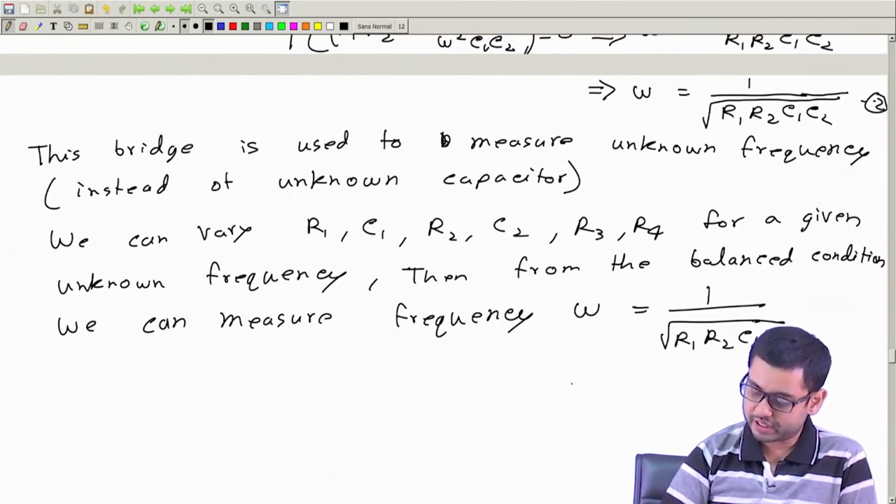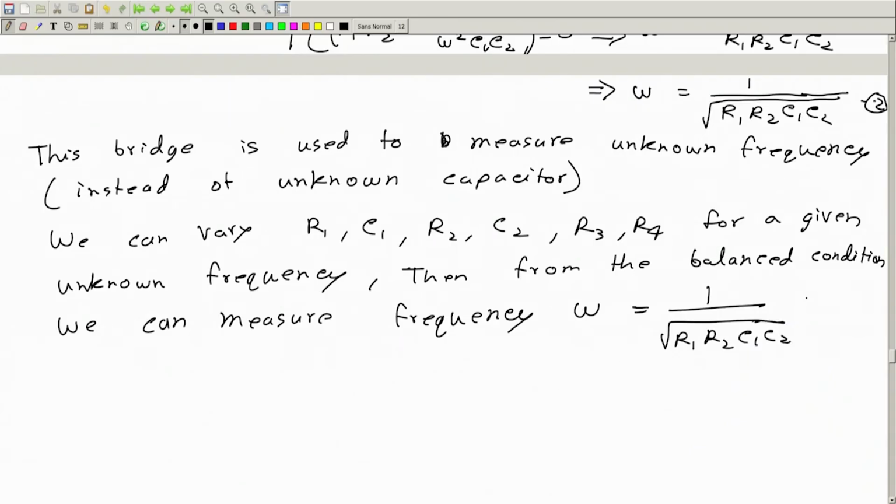Or if you want to measure f, omega is equal to 2 pi f, so you can divide this by 2 pi to get f. So, this is called Wien bridge.